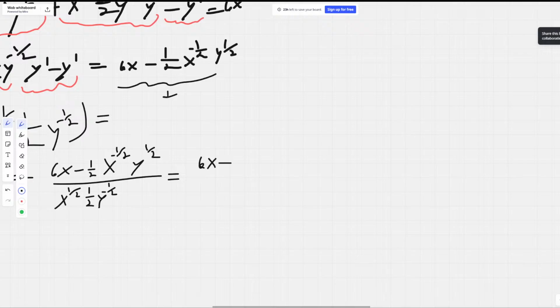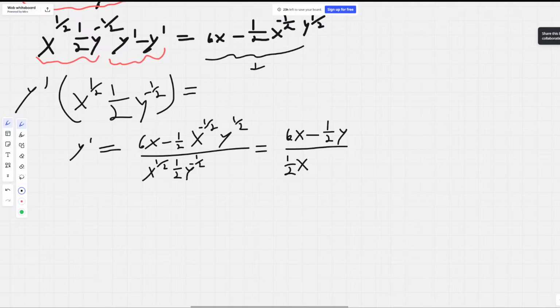So y prime equals 6x minus 1/2 x^-1/2 y^1/2 all over x^1/2 times the 1/2 y^-1/2, which in theory could perchance equal 6x minus 1/2 y over 1/2 x.